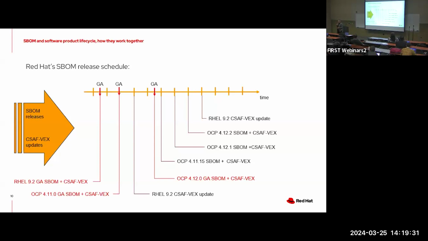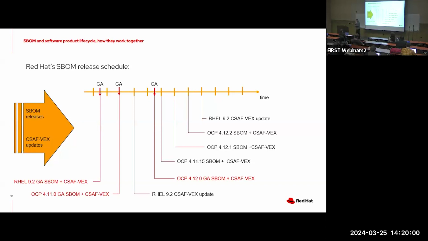Only because in OpenShift, there is a different lifecycle model and a different build process, and every single Z-stream update may contain a completely different list of packages and dependencies. That's why for this product, we will produce SBOMs for every single Z-stream update, because it is important to know what exactly is included in this released version of the product, which is not the case for RHEL.